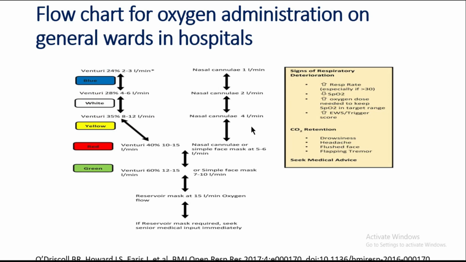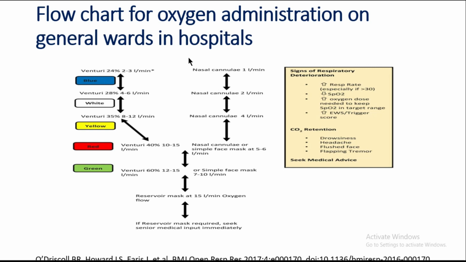Here we have shown a flow chart by which you will give oxygen to the patient, and how you will start the oxygen or how you will reduce the oxygen. If a patient comes, you start the oxygen with 2 or 3 liters per minute by Venturi mask or by nasal cannula 1 liter.